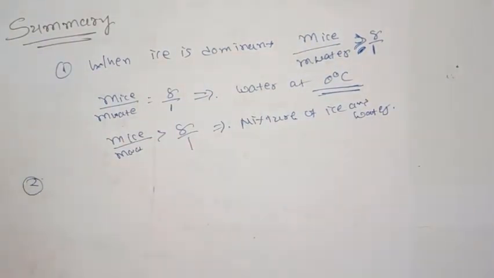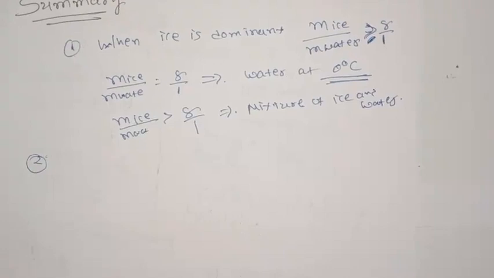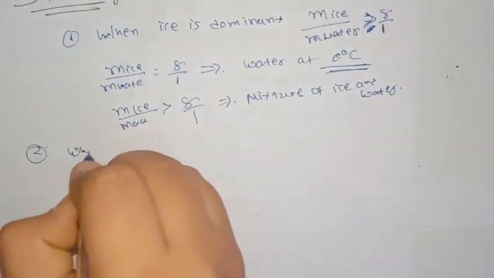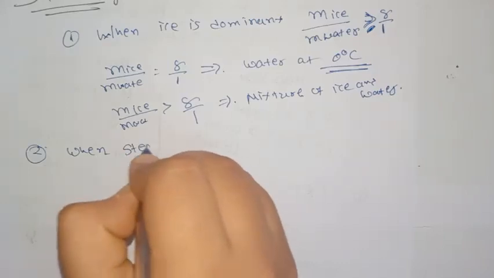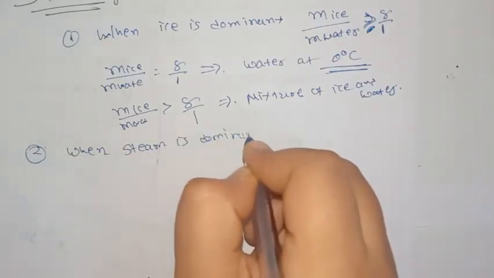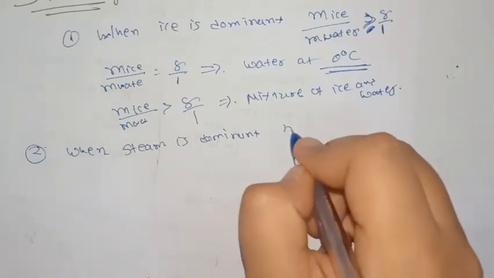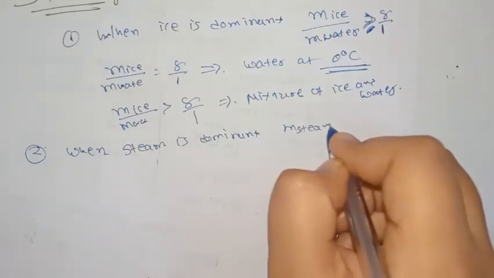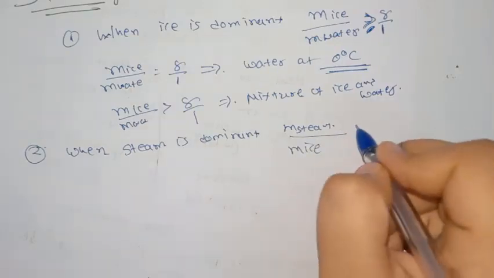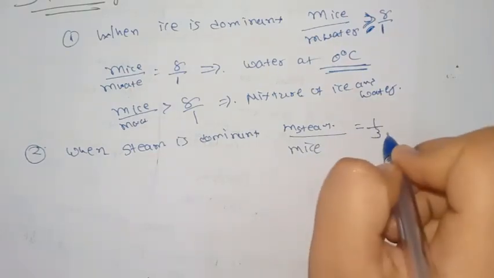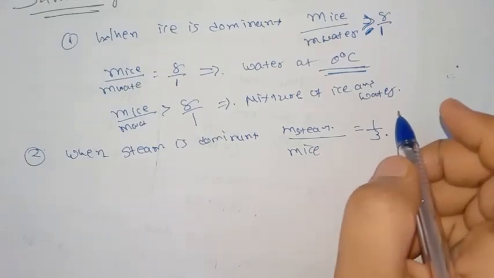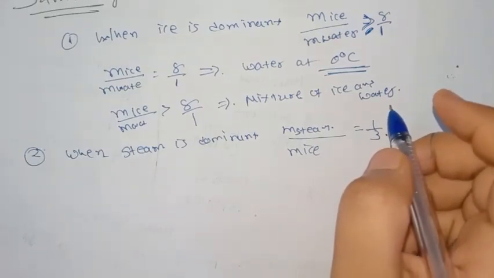The second case, when steam is dominant, that is the mass of steam to mass of ice is equal to 1:3, then ice will be heated up to 100 degrees Celsius water.